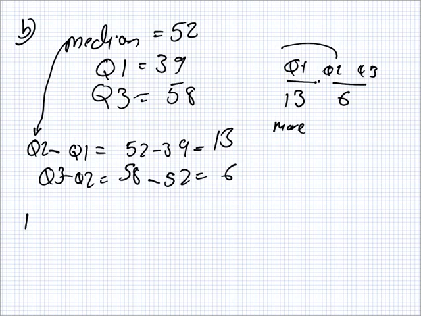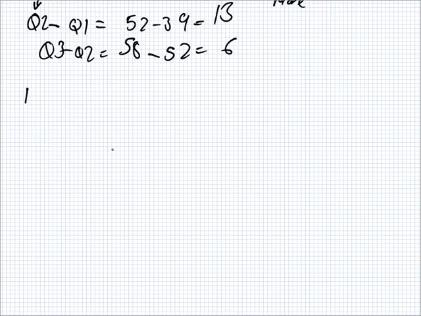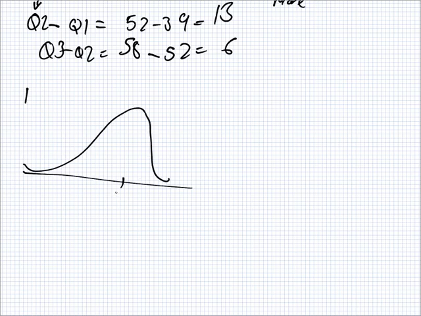I think it's number 3, because if you look at the histogram on number 3, this here is the median, and if you remember that the area represents how many you have.